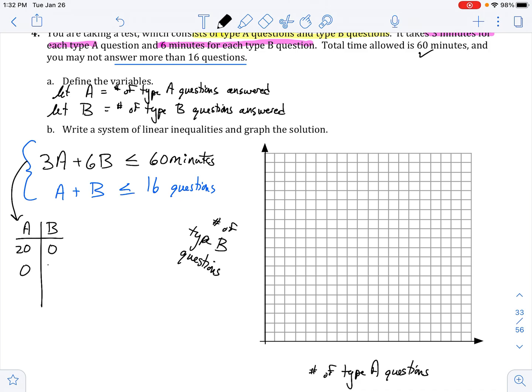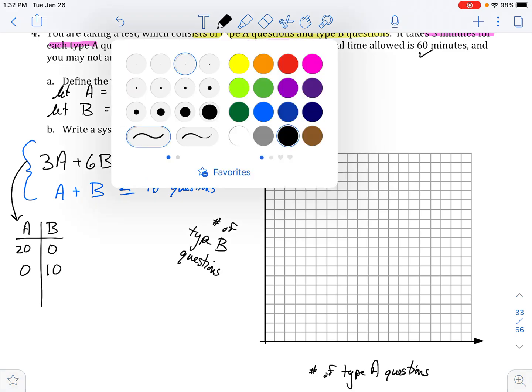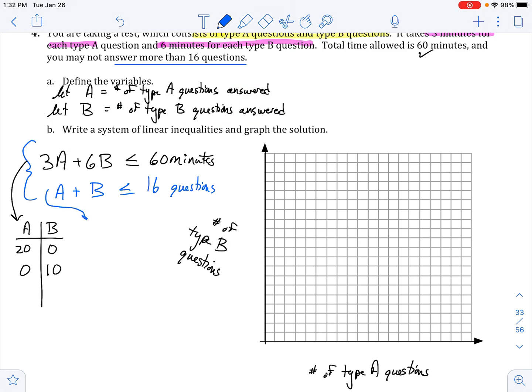And if A is 0, then B is 6 times 10 is 60. If I take a look at the second inequality, I know that if I answer no B questions, the A questions would be 16. And if I don't answer any A questions, the B would have to be 16.